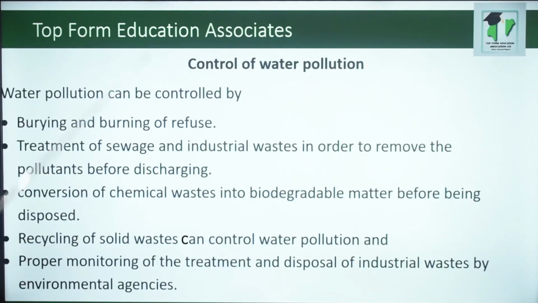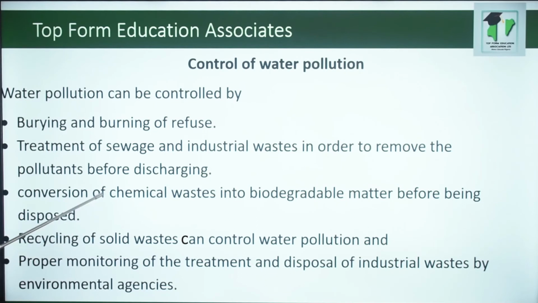Control of water pollution. Water pollution can be controlled by burying and burning of refuse. Most of us are guilty of this charge of causing water pollution. We can bury and burn our refuse so that we can control water pollution. Treatment of sewage and industrial waste in order to remove the pollutants before discharging.